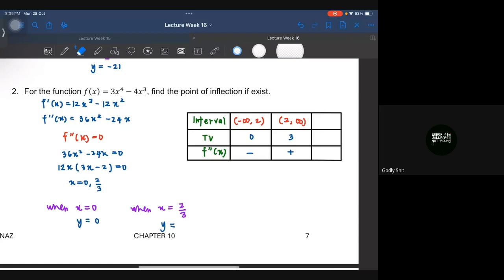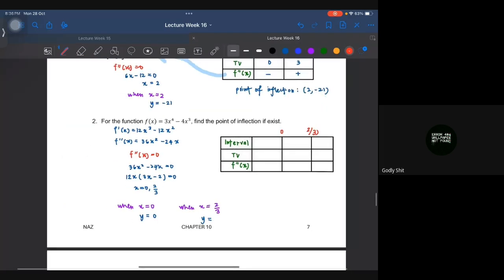So value of x kita is 0 dengan 2 over 3. Okay, so we have over here is 0 and then we have 2 over 3. Okay, boleh ke saya tinggalkan soalan ni untuk awak lengkapkan?